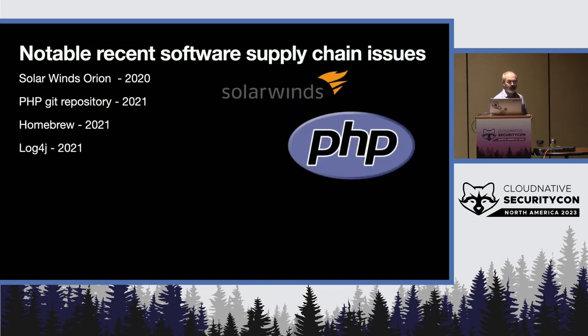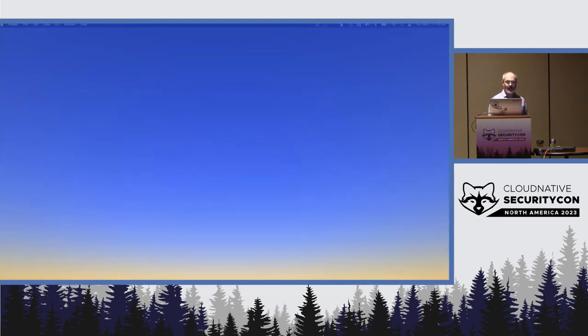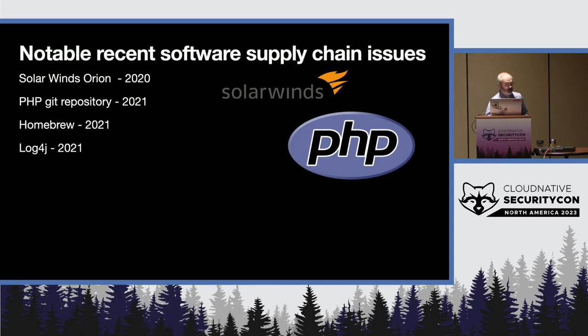In 2021, PHP suffered a compromise to their self-hosted Git server. And Keynote crashed. I apologize. So there was a self-hosted Git server that they were using. Someone forged some malicious commits along with forged developer signatures.